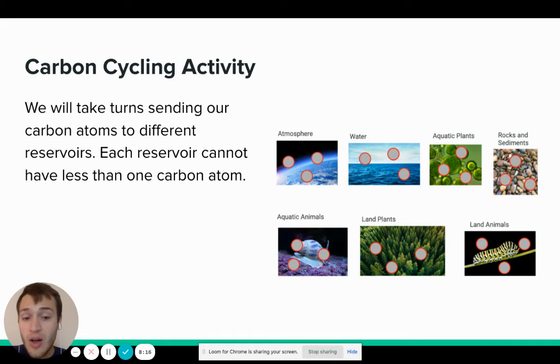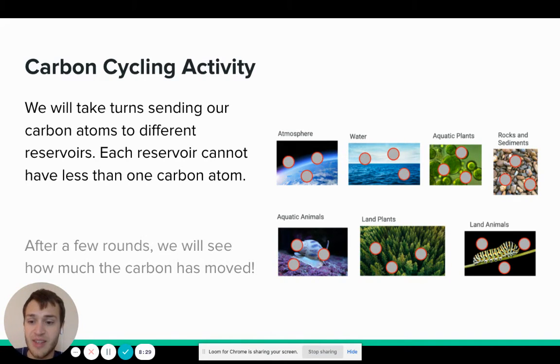But also all 7 of these reservoirs will always contain carbon. So as they moved the carbon atoms, each reservoir could not have less than 1 carbon atom. They had to have at least 1. And after a few rounds, we saw how much the carbon had moved.